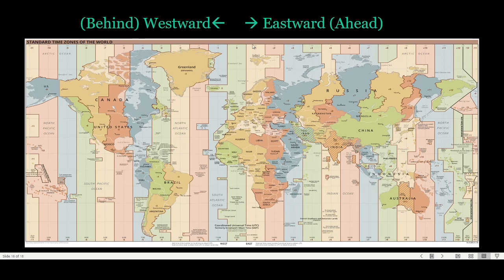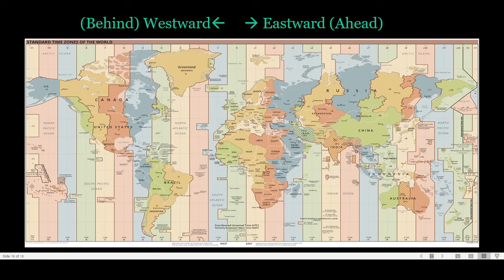And if we give an example with New York, let's count: 1, 2, 3, 4, 5, and it's really small, but it has a subtraction of 5 here, and it is 5 hours behind Greenwich, England.